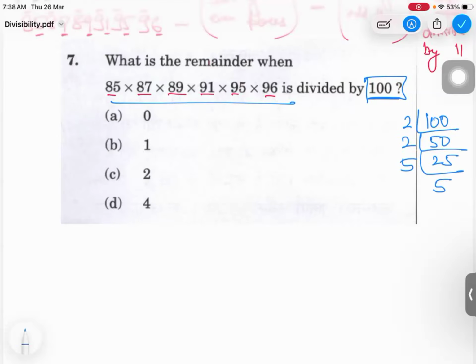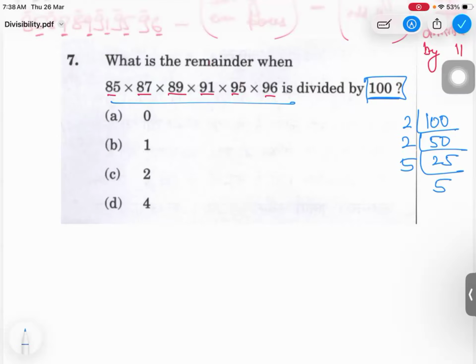So how should we check? How can we check that 2, 2, 5, 5 is dividing it or not? Tell me one thing. There is this 5. Can this 5 divide 95?